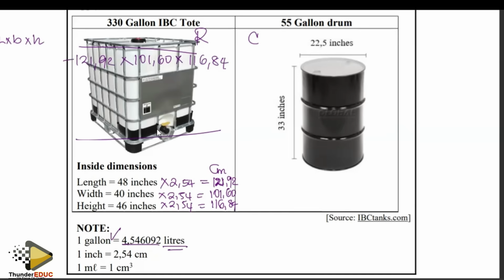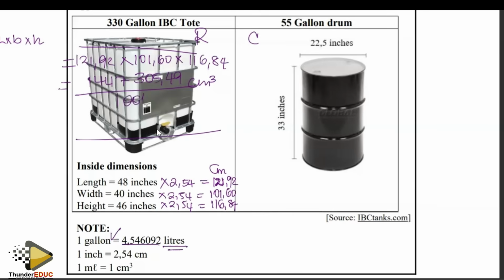When you multiply this, you shall get the answer. This will be in centimeters what? Cubed. Centimeters cubed. When you multiply there, you get the answer as 1,447,305.9. These are centimeters cubed.